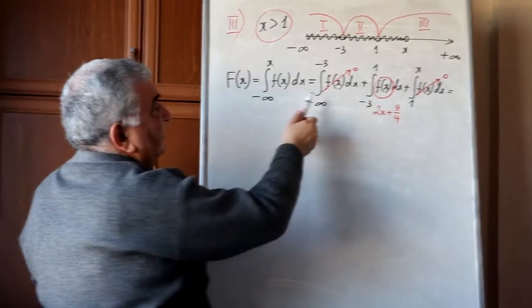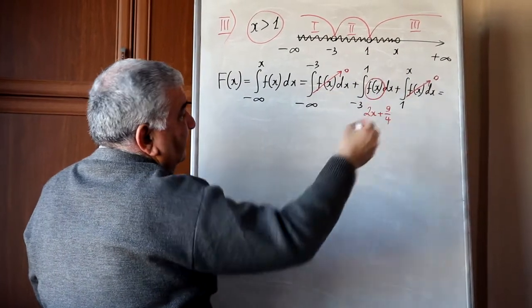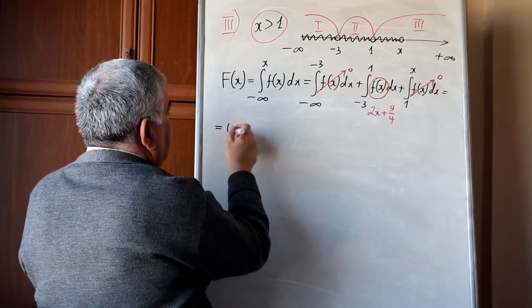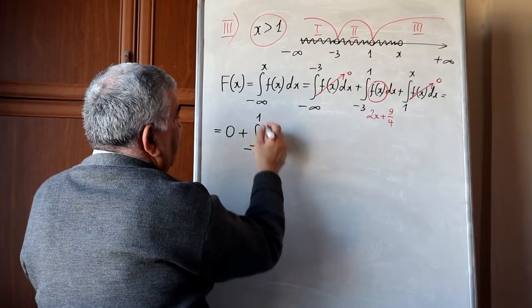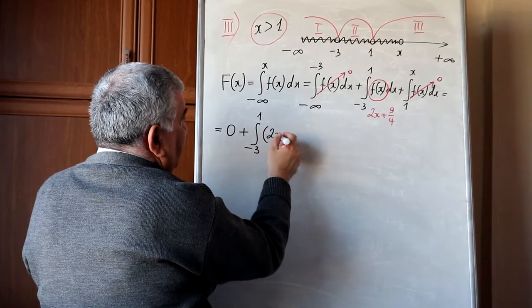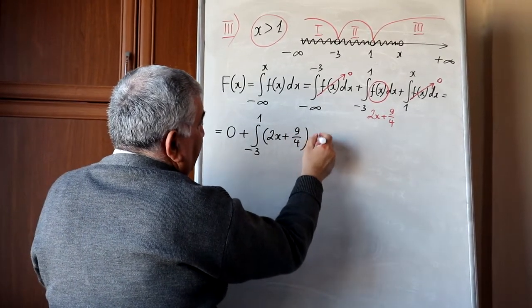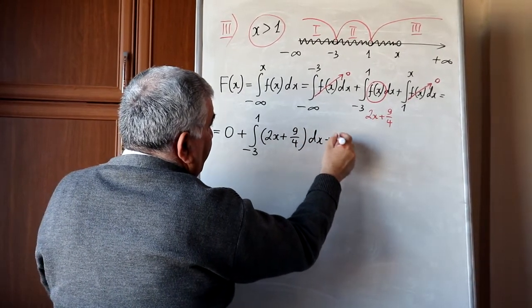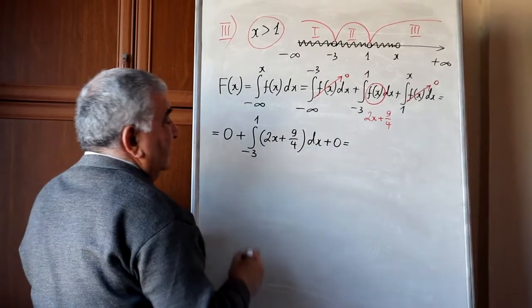And definite integrals of zeros again are zeros, equals 0 plus integral from minus 3 to 1 of 2x plus 9/4 dx plus 0 equals. Then find the antiderivative.